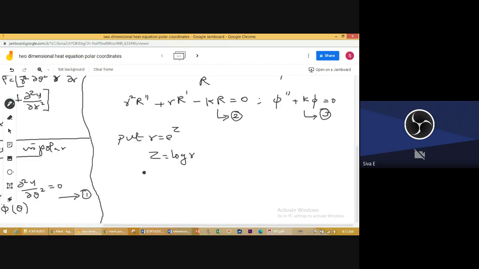So what is r dash here? r dash equal to dr by dz. That is equal to dr by dz into dz by dr. So this can be written as, dz by dr is 1 by r, so 1 by r dr by dz.